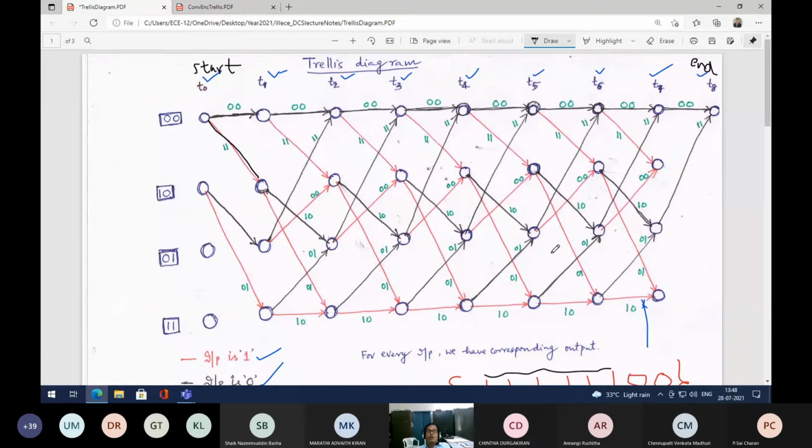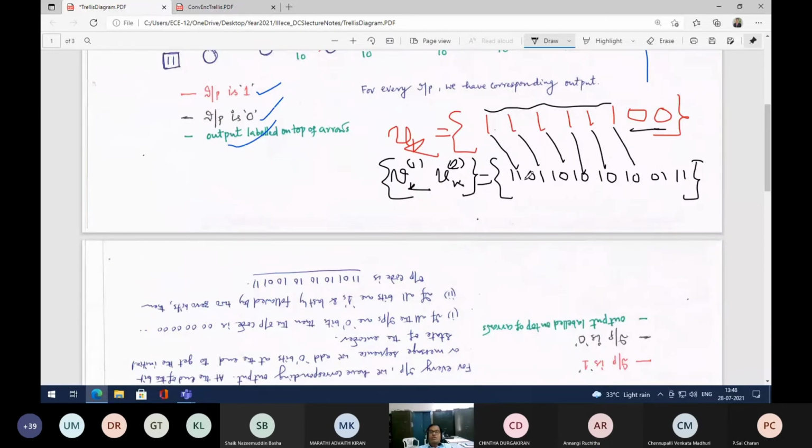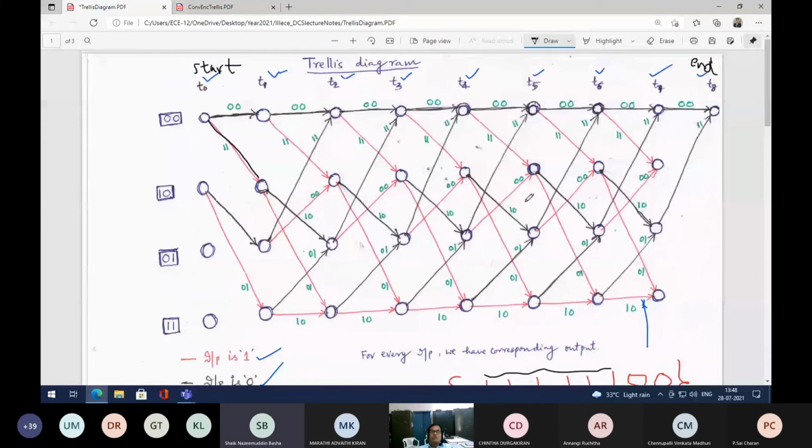Whenever we want to get the system back to the initial state, I'll stuff with zeros, depending upon the number of flip-flops in the encoder. If you have 3 flip-flops, I have to stuff with 3 zeros. If I have 4 flip-flops, I have to stuff with 4 consecutive zeros, like that. Is it clear up to this, all of you? Yes, sir.